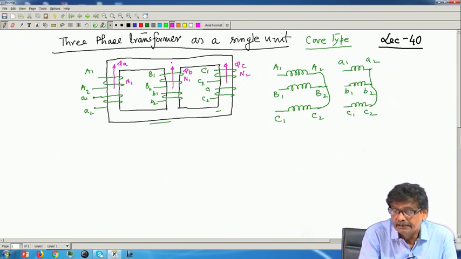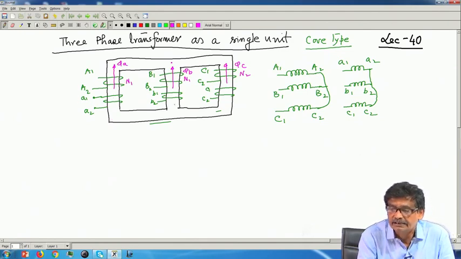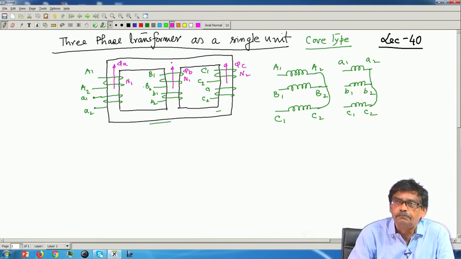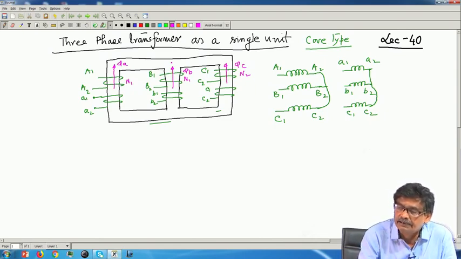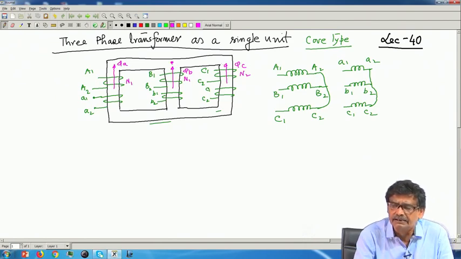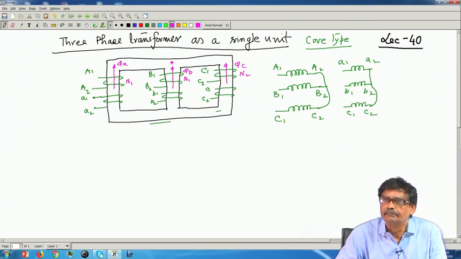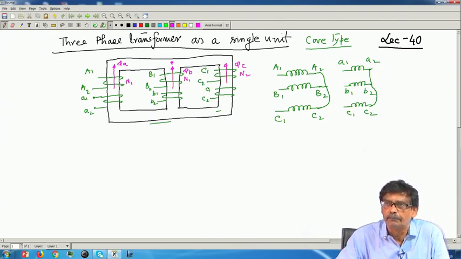But nonetheless, in the limbs, this limb it has to be phi A, in this limb it has to be phi B, because KVL is to be satisfied in the primaries, and this is phi C. So, phi A, phi B, phi C perhaps will meet here and annihilate themselves, because they are 120 degrees apart. So, things are expected to work, why not?